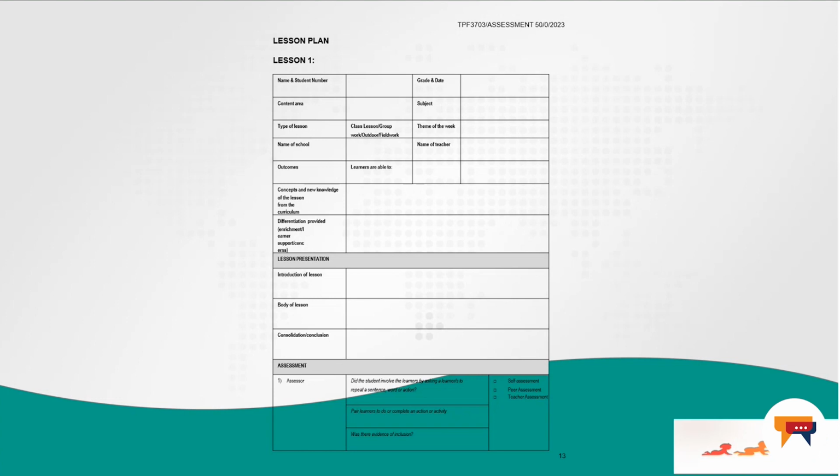Assessment. In this section, you are required to do the following. Which form of assessment did you use for your learners? Did you use self-assessment, peer assessment, or teacher assessment? Did you pair the learners to complete an activity? Is there any evidence of inclusion?